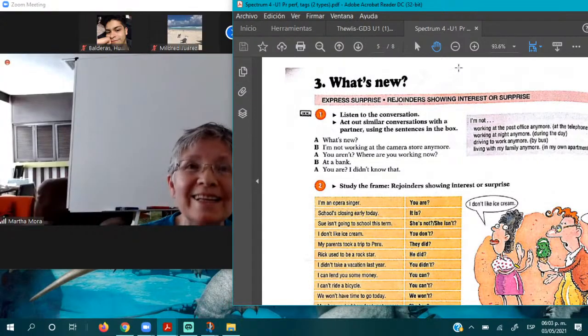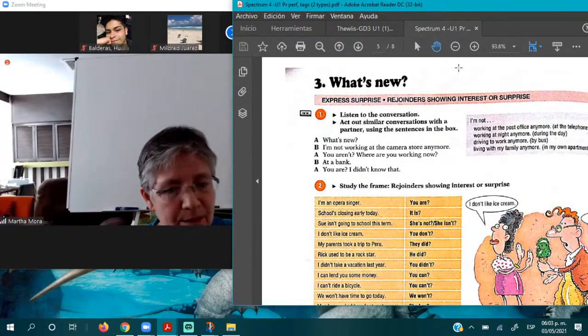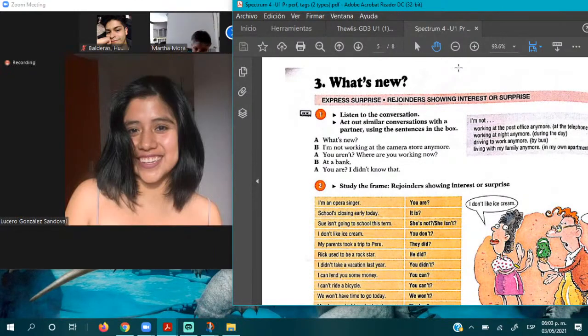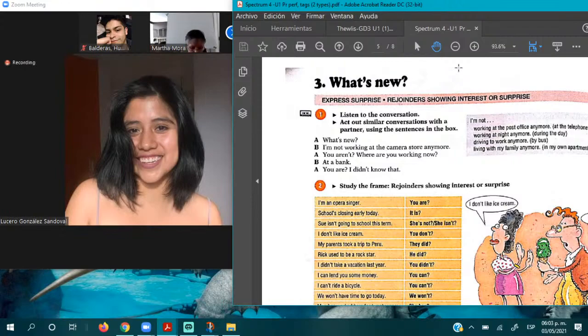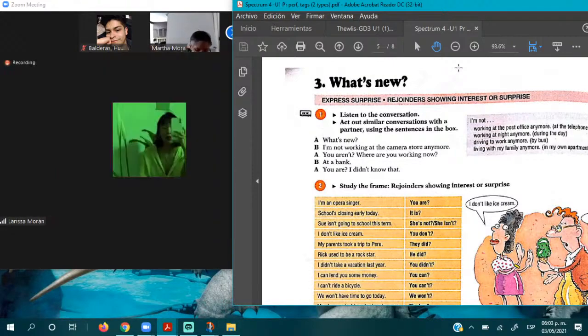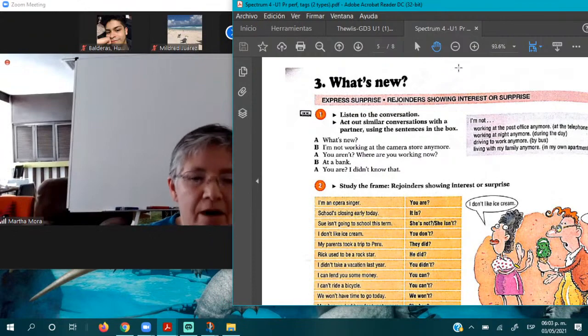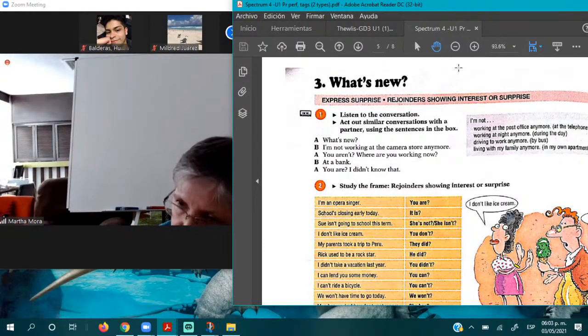Okay, but I want the example, Lucero, not the variation. First, I want the example. Okay, what's new? I'm not working at the camera store anymore. You aren't? Where are you working now? At the bank. You are? I didn't know that.